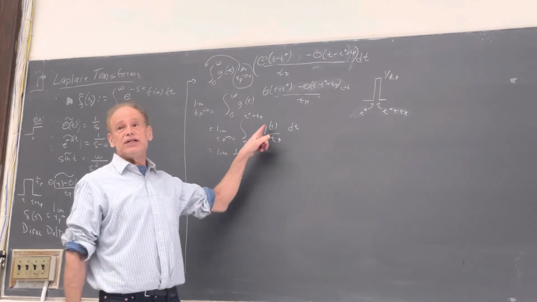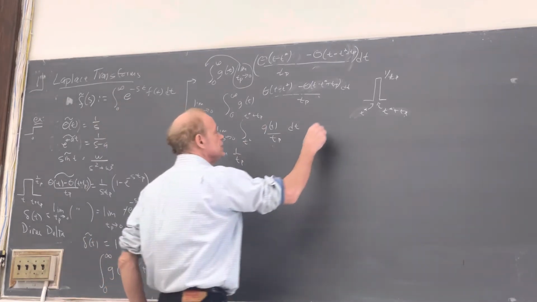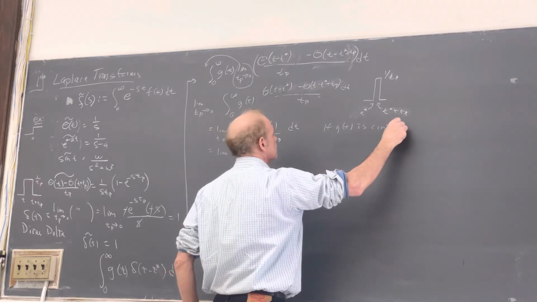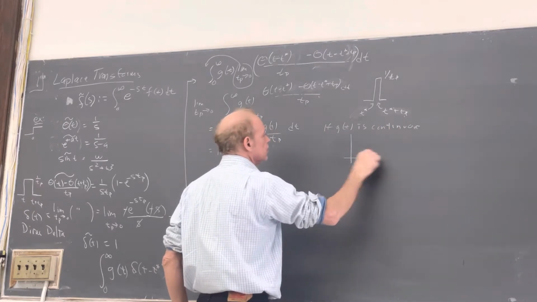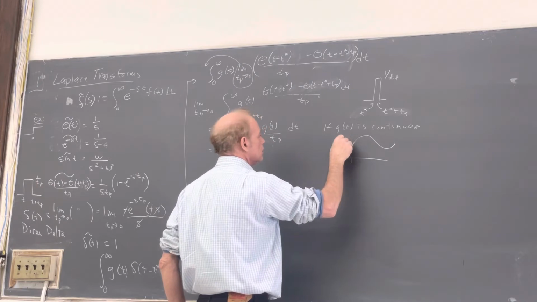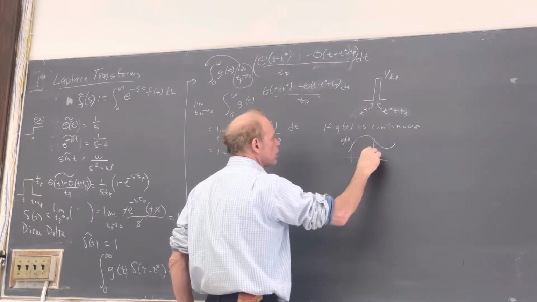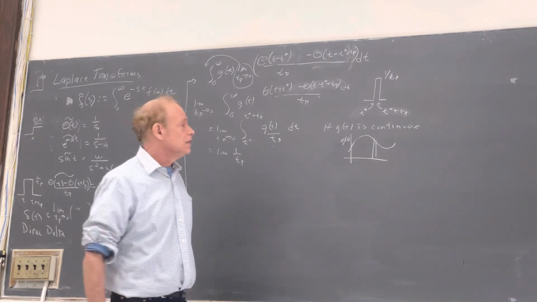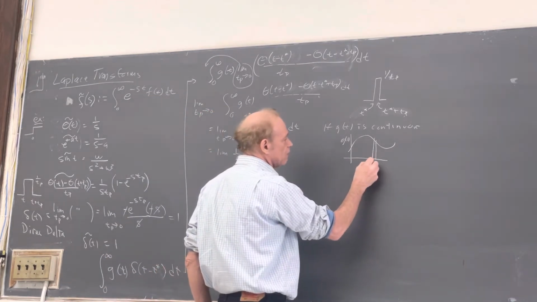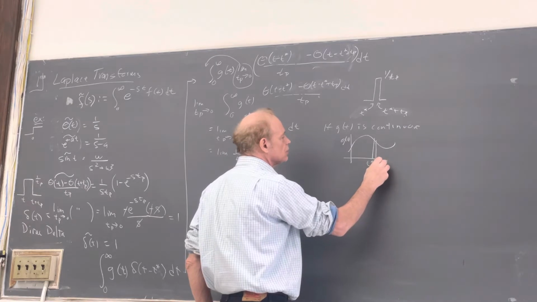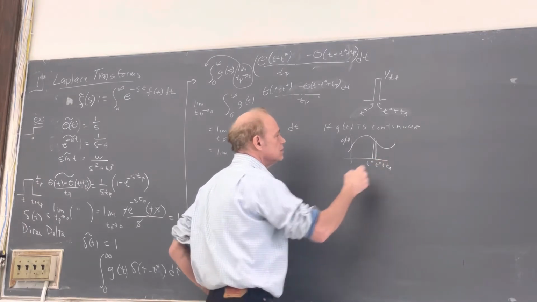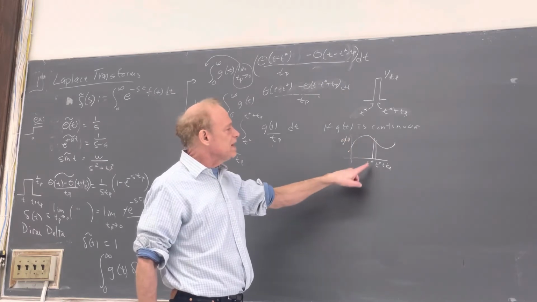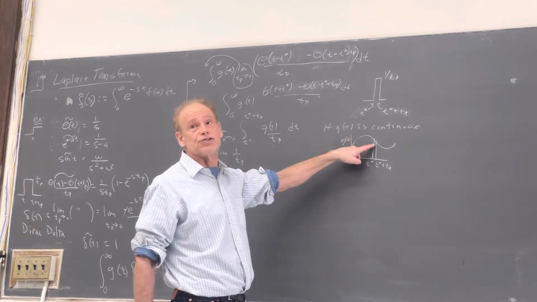And if g of t is continuous, so here's g, for example, over a small enough region, g can't change much because it's continuous. So if this region is thin enough, from t star to t star plus Tp, then g doesn't change much. And in fact, if it's thin enough, I can just approximate this by g of t star.